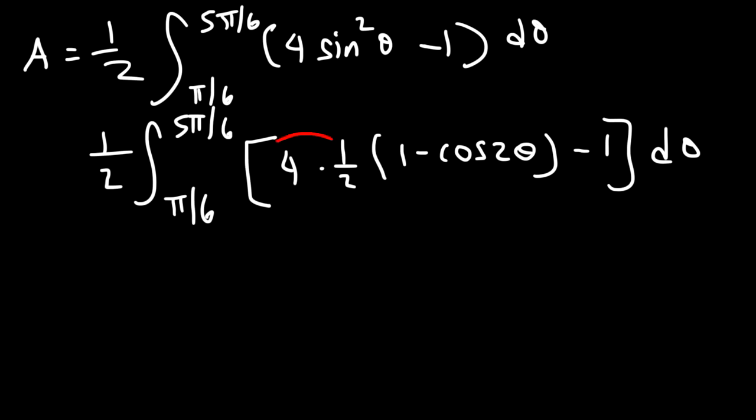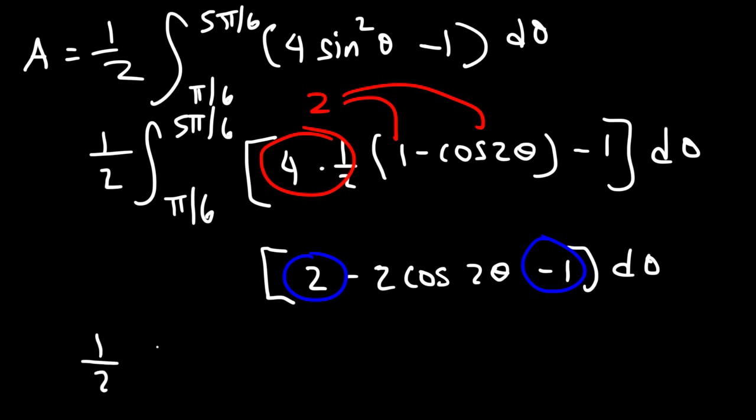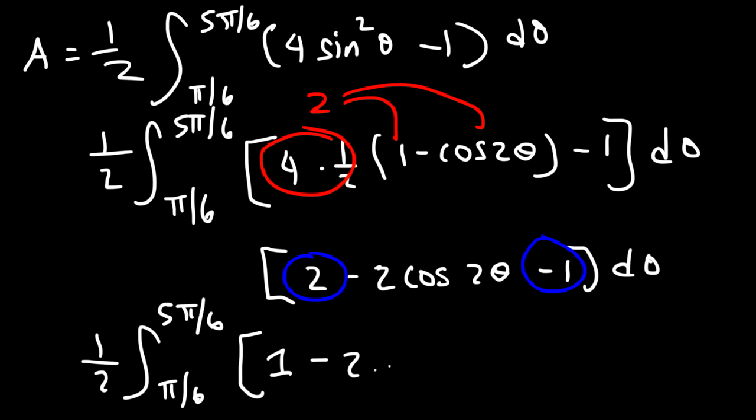Then we need to distribute this 2 to 1 and negative cosine 2 theta. So it's going to be 2 minus 2 cosine 2 theta minus 1. And then we can combine 2 and negative 1. So now we have 1/2 the integral from pi over 6 to 5 pi over 6 of 1 minus 2 cosine 2 theta d theta. And so that's equal to the area.